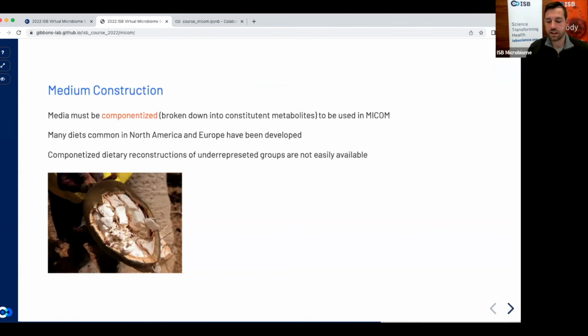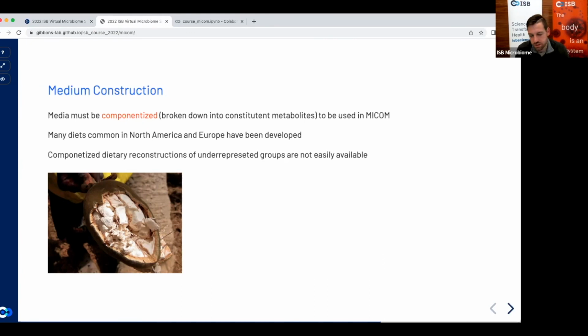For diets of highly represented groups in microbiome research, such as North American or European diets, componentized media are publicly available and easy to find online. However, media representative of the diet of underrepresented groups, like the three indigenous populations we're studying today, is not commonly available and thus needs to be constructed by hand.